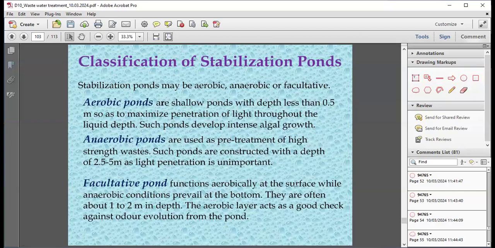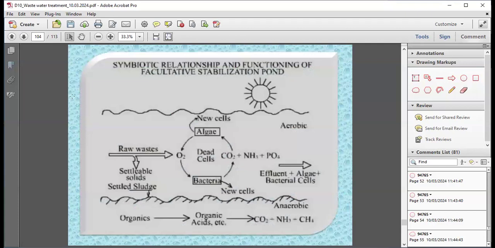A facultative pond functions aerobically at the surface while anaerobic conditions prevail at the bottom. They are often about 1 to 2 meters deep. The aerobic layer acts as a good check against odor evolution from the pond. Right? This is the symbiotic relationship and functioning of a facultative stabilization pond.